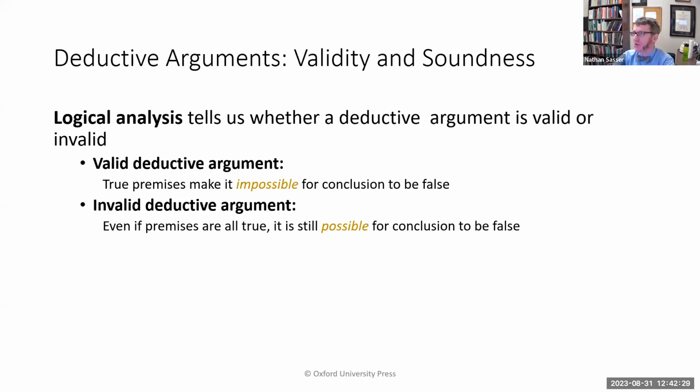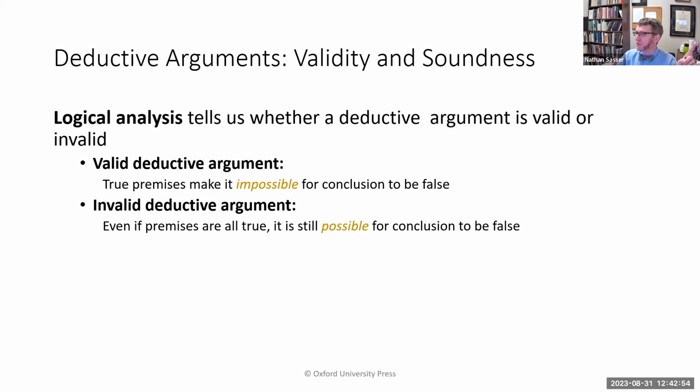Now, when it comes to deductive arguments, which is what we're mainly dealing with, then the logic of the structure of the argument is a matter of validity. Either the argument is valid or it's invalid. If it's valid, what that means is that the premises necessitate the truth of the conclusion. Let me put that another way.